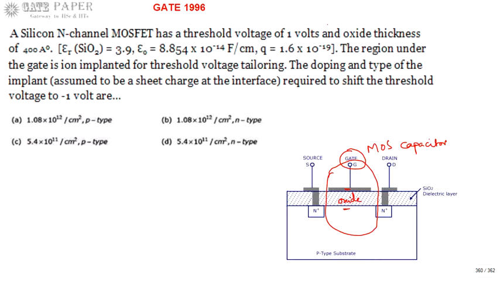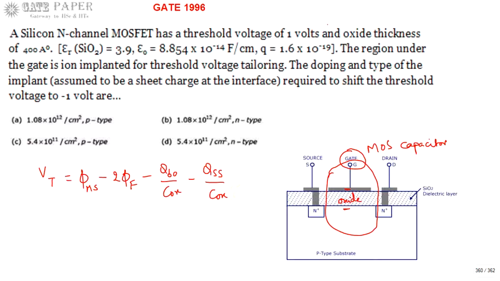is called the threshold voltage. We know that the threshold voltage VT is equal to phi_ms minus 2 phi_f minus QB0 divided by COX minus QSS divided by COX.